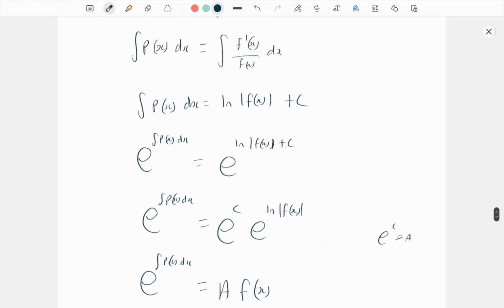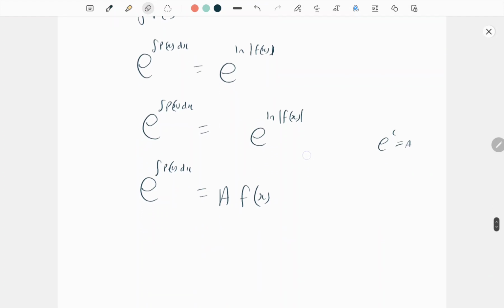Actually, we don't need the plus c either, because you've still got an integral on the left hand side that's going to have plus c as well, so we can just leave the constant out, which would make this a lot simpler, because we can collect our constants together in that integral. So f of x ends up being e to the power of the integral of p x dx.